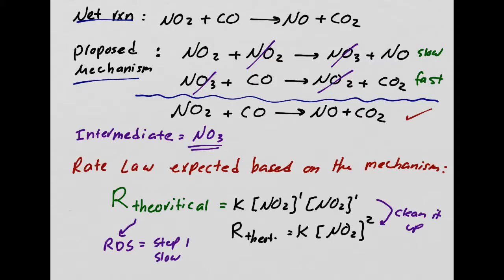Okay. Now, let's go back to this. I know you're probably tired, but just give me one more minute and then we're going to be good. Look at the net reaction for me. This is a net reaction, right?